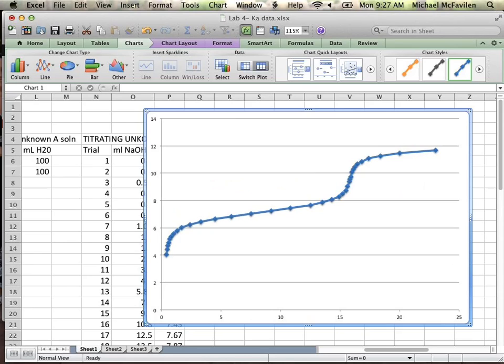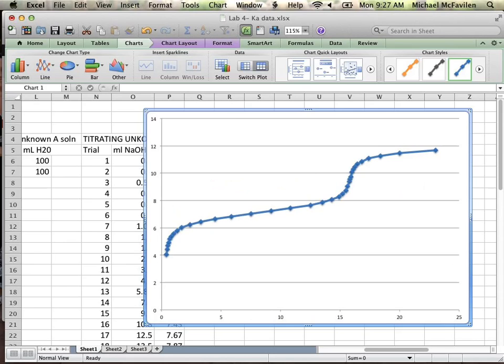So this would be Figure 1, pH titration of an unknown acid against NaOH. The next piece of information you should include along with this is the information you're trying to get off of the graph. So why are we plotting all of these titration curves? What's our goal? What are we trying to get off of it? The equivalence point, and then ultimately the half equivalence point.